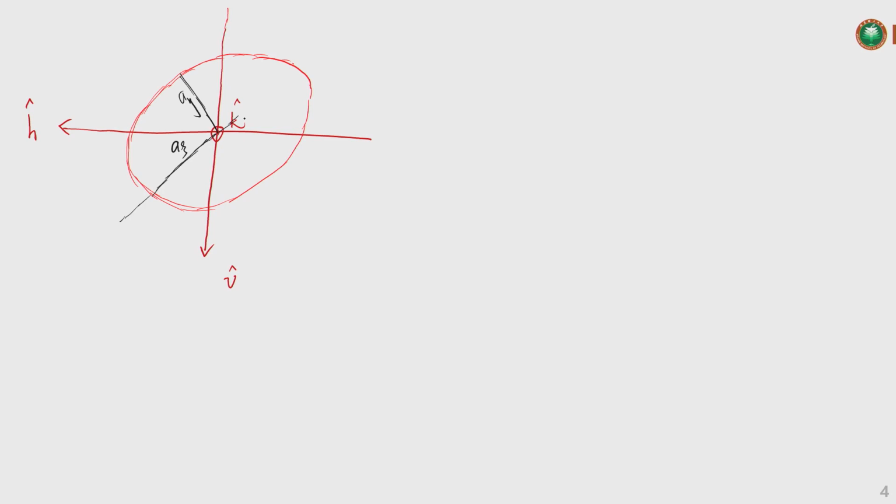Let me make it longer: this one is psi, and extending this line as eta, a new axis, with an arrow like this.